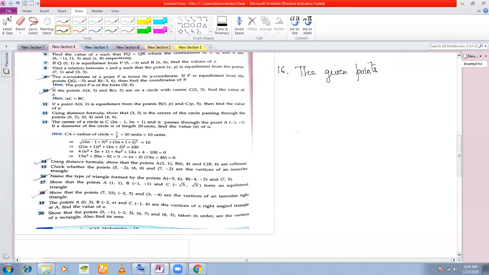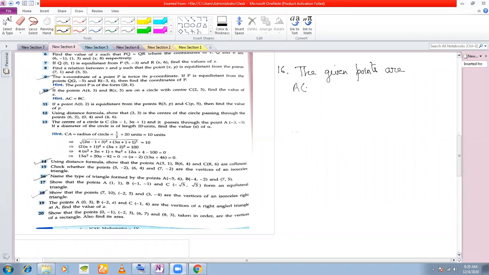What do you mean by type of triangle? Isosceles, equilateral, what else? Scalene. Right angle triangle. Isosceles right angle triangle. Right, okay. Right angled, scalene, equilateral, isosceles.